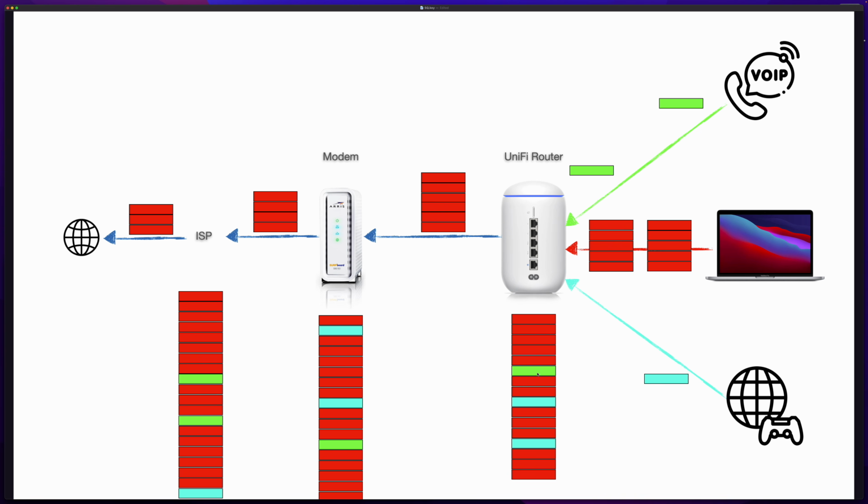So your new packets have to be queued up in the end of the queue. And to make the issue even worse, your modem has its own buffers. Your ISP has its own buffers. They will also be queued up differently. Your game application or your Zoom meeting will get significantly delayed.